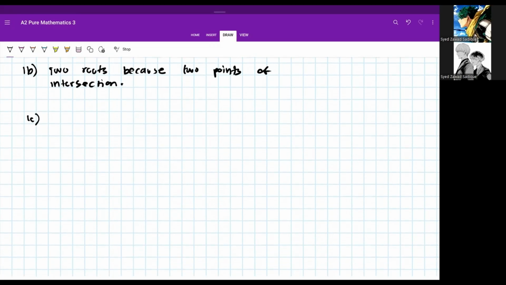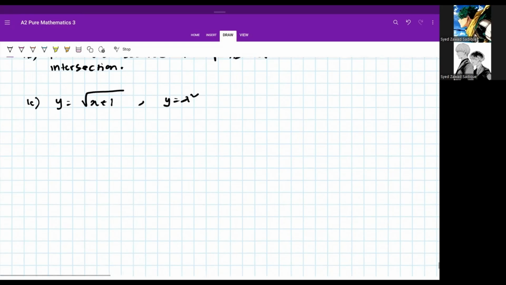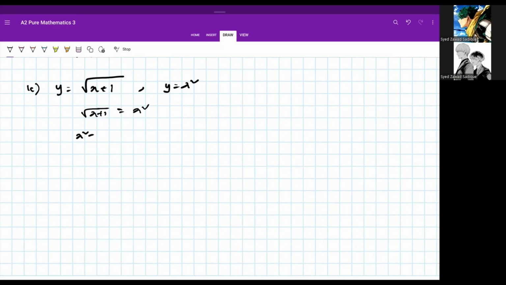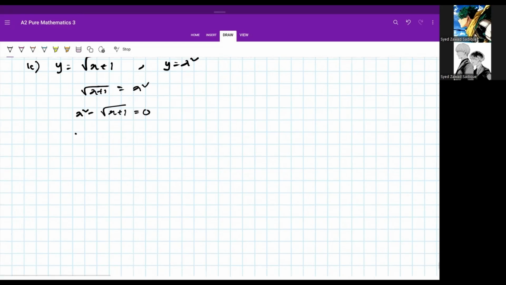On C, y is equal to root of x plus 1, y is equal to x squared. So root of x plus 1 is equal to x squared. x squared minus root of x plus 1 is equal to 0. Therefore, we can say f(x) is equal to x squared minus root of x plus 1.